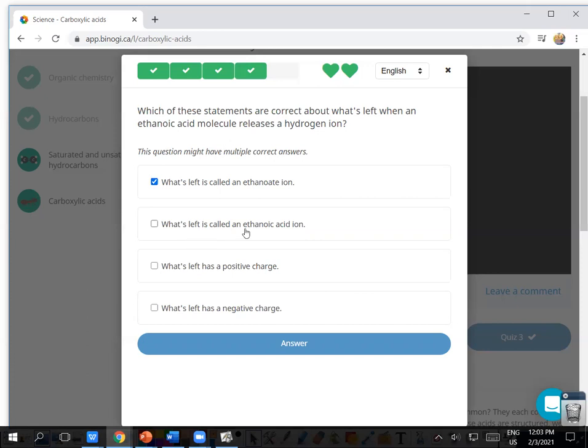What is left is called ethanoic acid. What is left has a positive charge. What is left has a negative charge. Yes, ethanoate, and it has a negative charge.